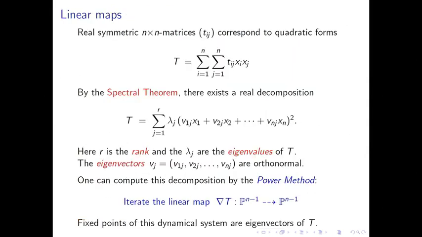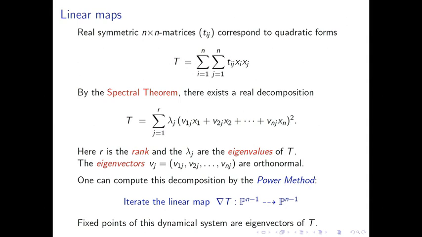Let's get back to what we learned as undergraduates in linear algebra, and let's tie this in with what you're very familiar with in the case d equals 2. So for d equals 2, tensors are called matrices, and we focus on symmetric matrices, and we all know that real symmetric matrices correspond to quadratic forms.